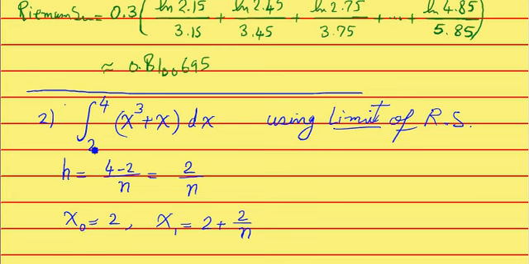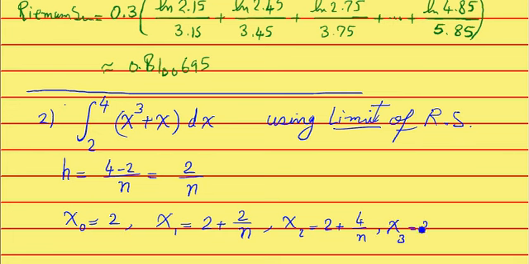We are starting at this, and the next one is that one plus 2 over n. If we had started at any other reasonable place, we would obtain the same final limit at the very end. That's Riemann's theorem. So x2 is going to be 2 plus 2 of these intervals, 4 over n.